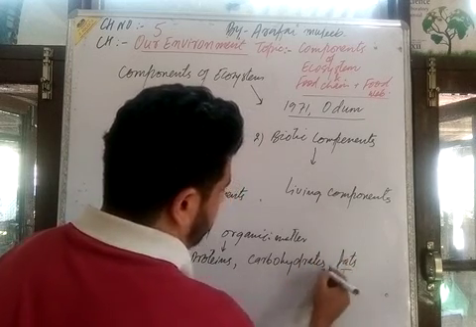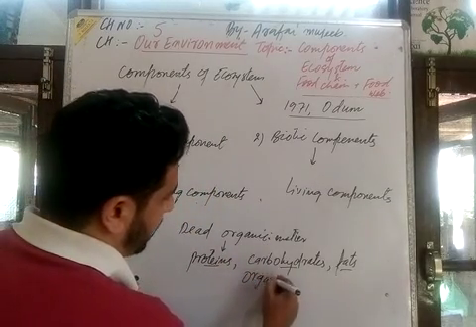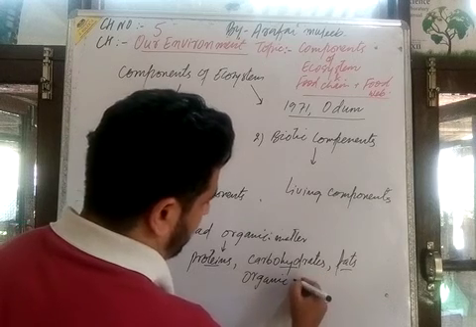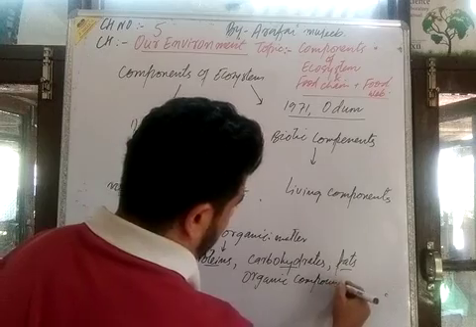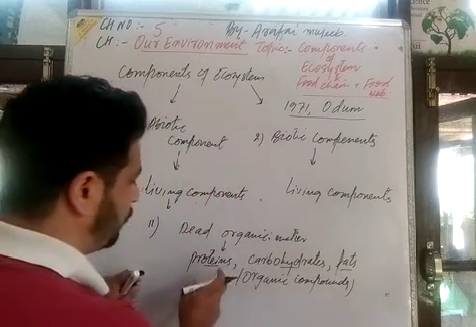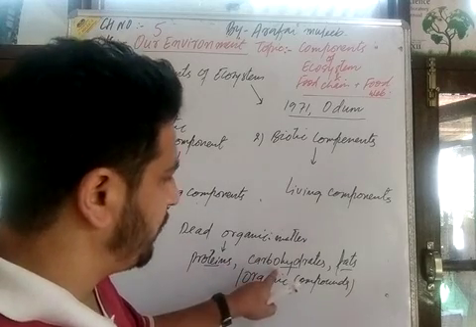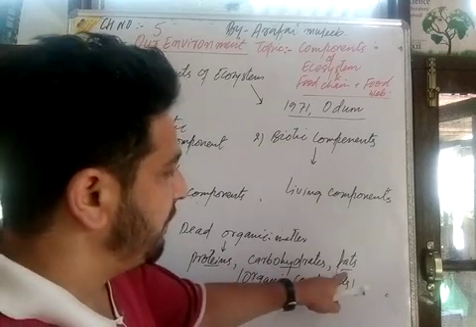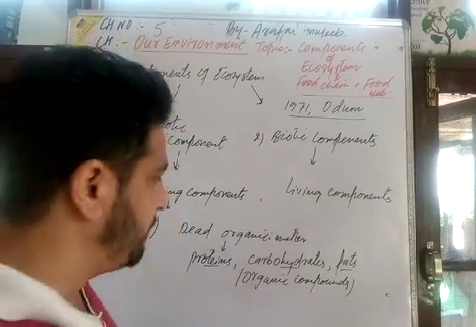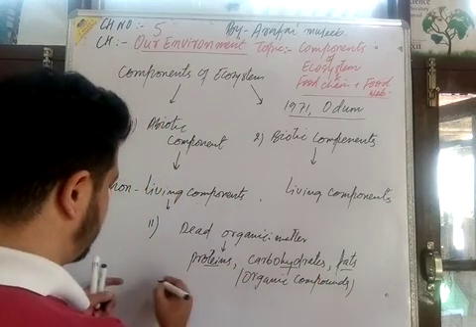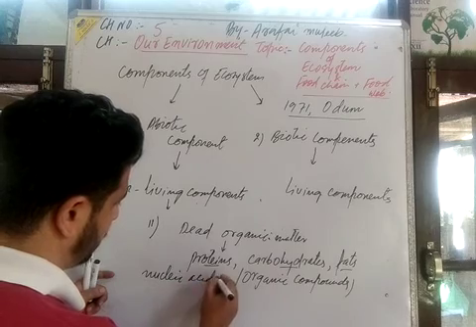In their body is composed of the following, these are the organic compounds. Proteins are the body building nutrients, carbohydrates are energy giving organic compounds, fats are energy storing compounds, these are found in the bodies of the plants, animals. I also include the nucleic acids.